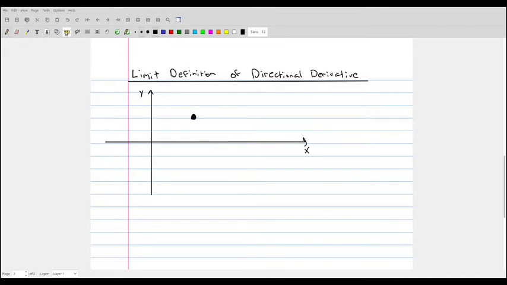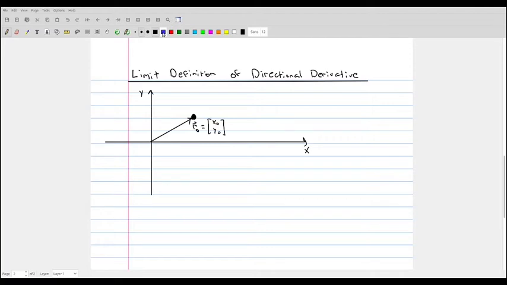In general, we'll just call this point r0. So we need some point r0, which we'll call x0, comma y0. It's the position vector of that point.